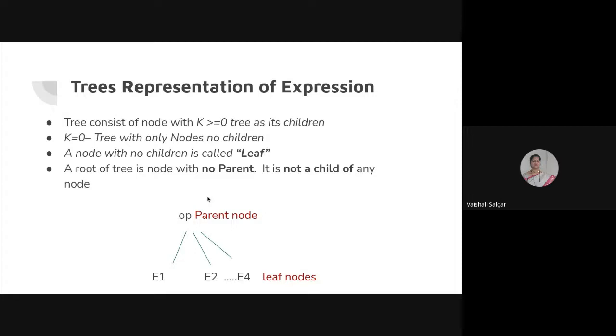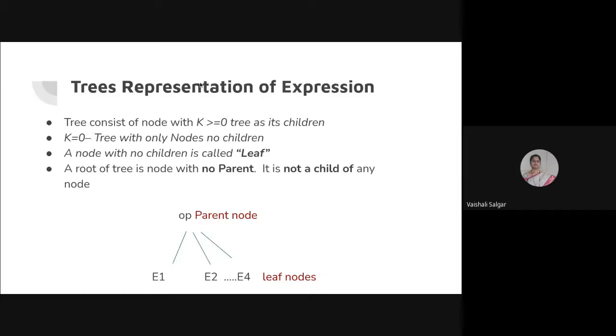Now, next is tree representation. I hope you have understood the abstract syntax tree. We have solved three to four different examples, so I hope you will be able to construct the abstract syntax tree. Now this abstract syntax tree, which identifies the operator and the sub expressions, will be represented using the tree representation.